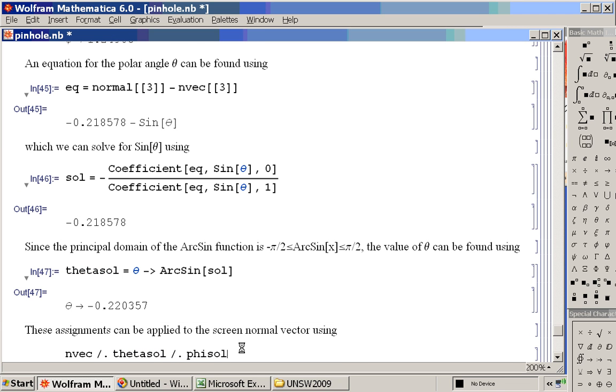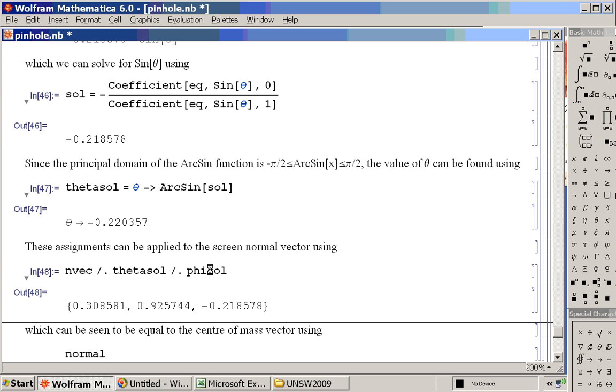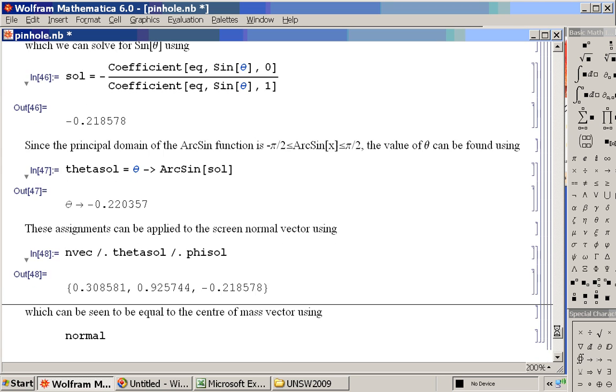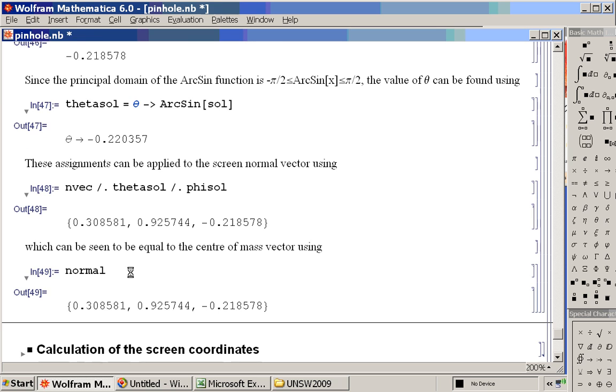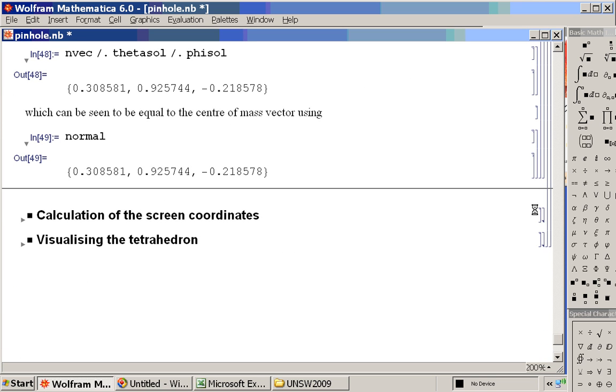And then I can assign those values into the screen normal, seen to be equal to the center of mass vector, or the axis vector computed above. So that's the camera axis vector taken care of.